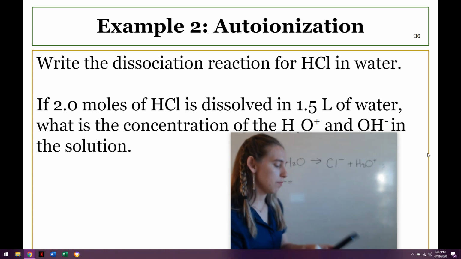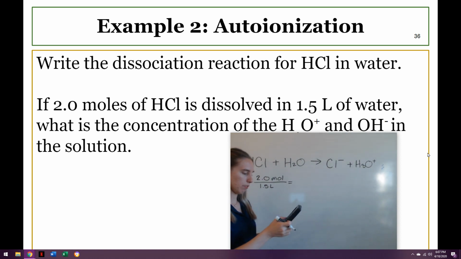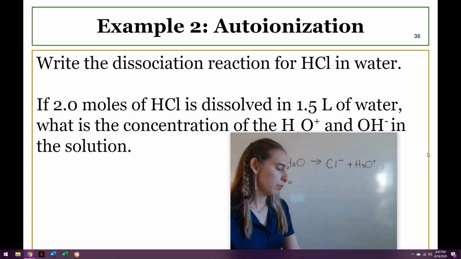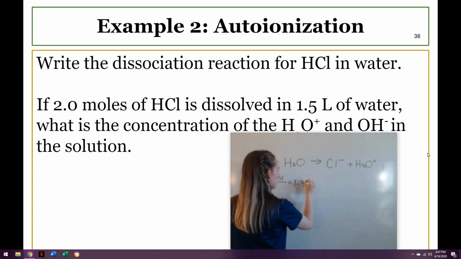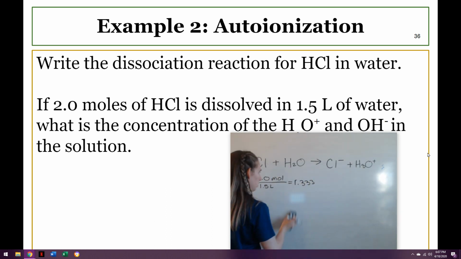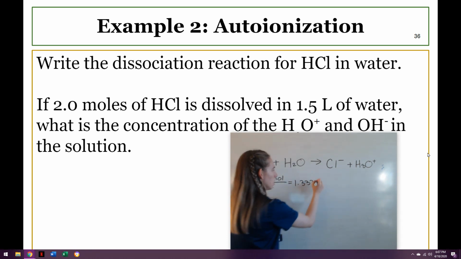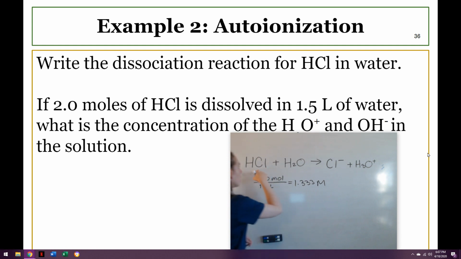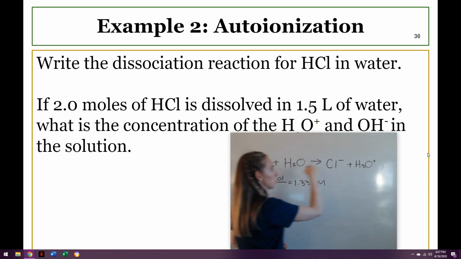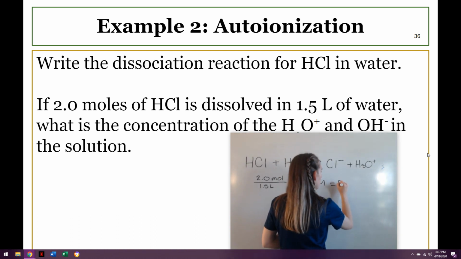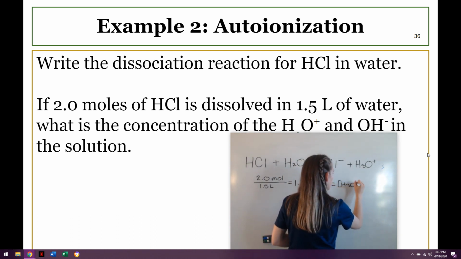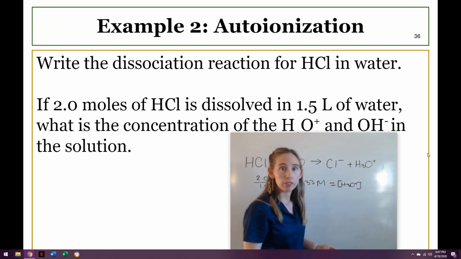Take your calculator. 2 divided by 1.5, and we have 1.333. There's lots of 3's in that number. There's your molarity of HCl, your strong acid. Because all of the strong acid dissociated and we have a 1-to-1 ratio, this is also equal to the concentration of H3O. So that answers half of our question.